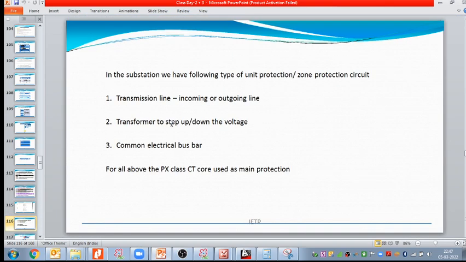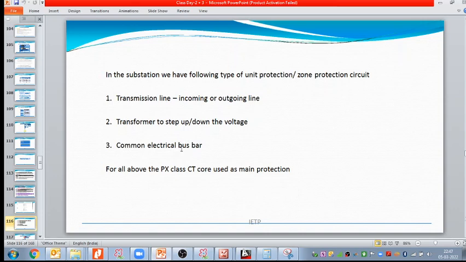When we come to the substations, in the substations we have the following types of circuits requiring unit protection. We have the transmission line, incoming or outgoing. One transmission line is one zone of protection. We have the transformer, that is my second zone of protection. We have the bus bar.